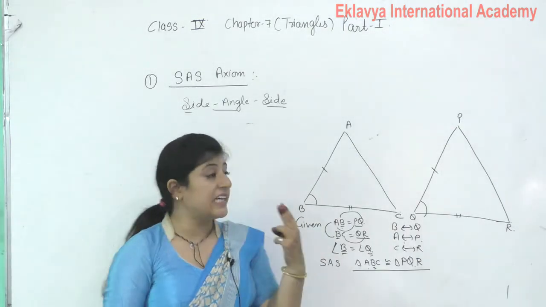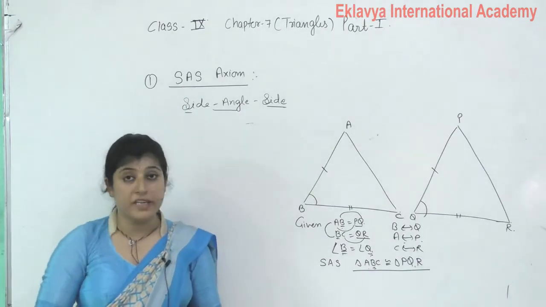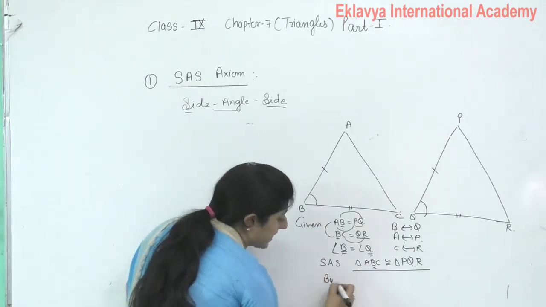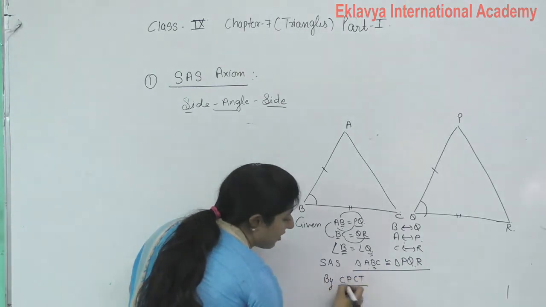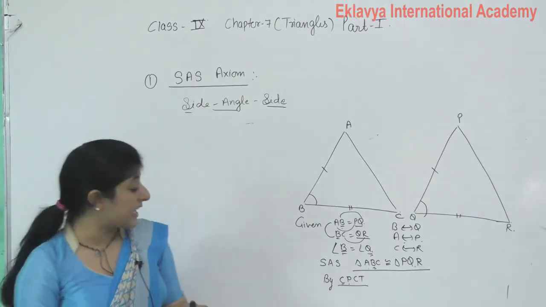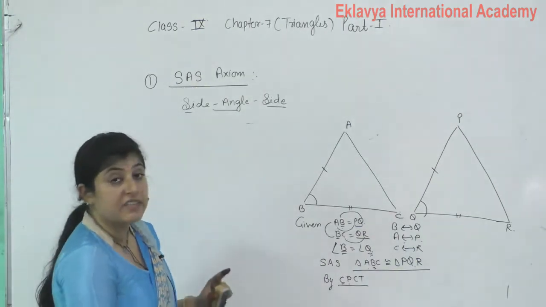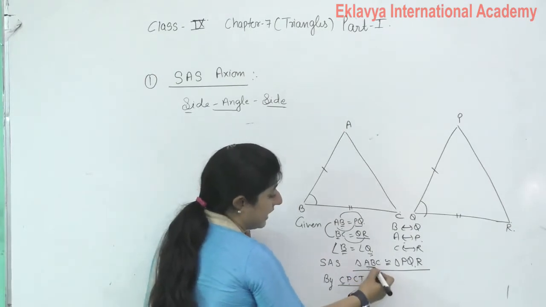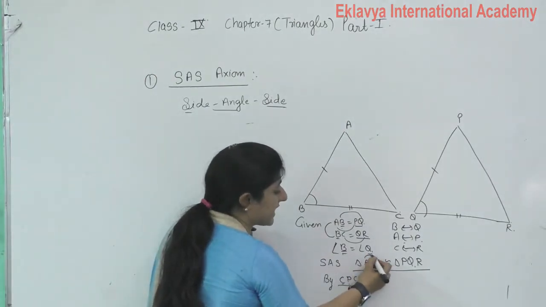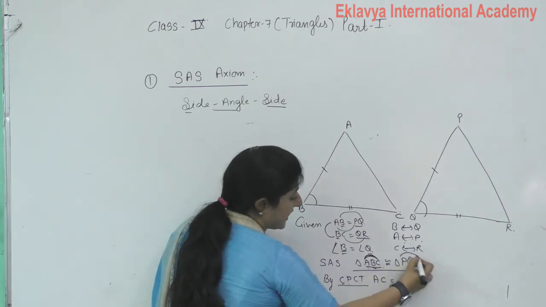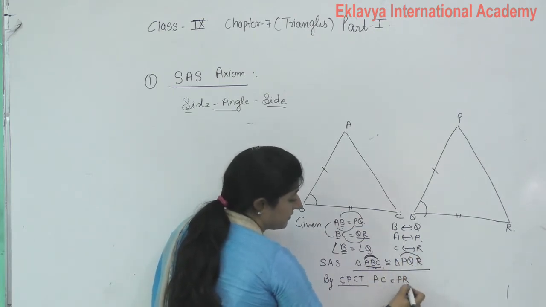The remaining 1 side and 2 angles will also be equal. Then by CPCT, corresponding parts of congruent triangles, we can say the remaining side, AB and BC you take, it means remaining side is AC, with AC we take PR.